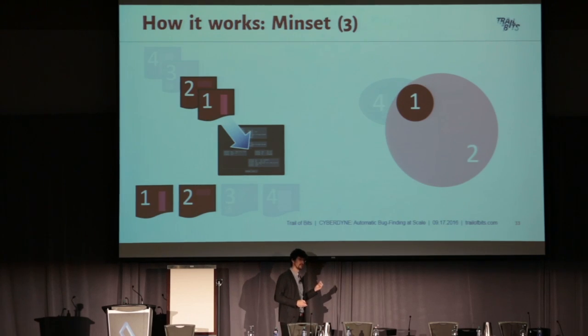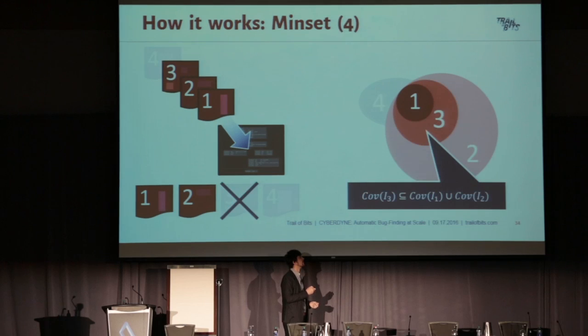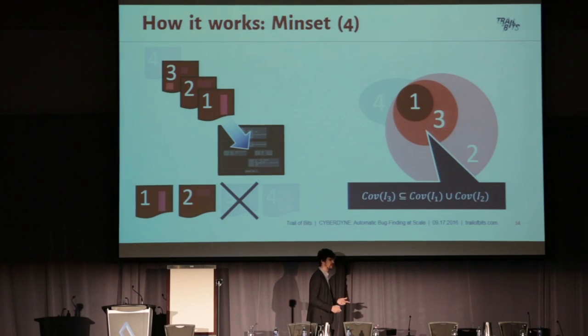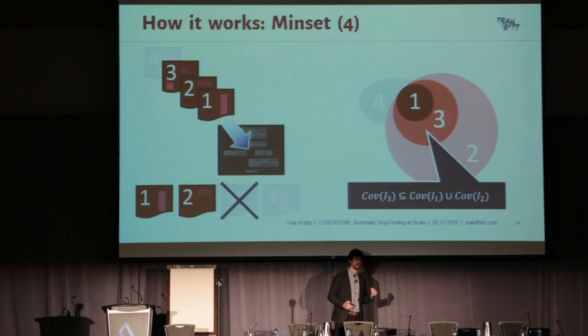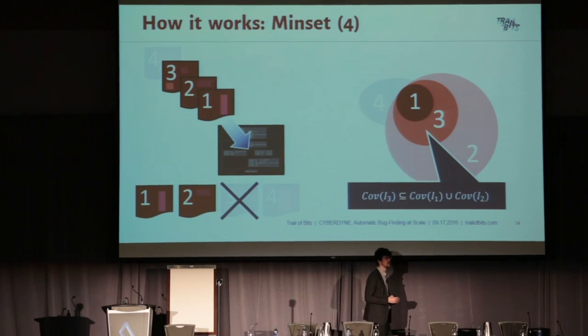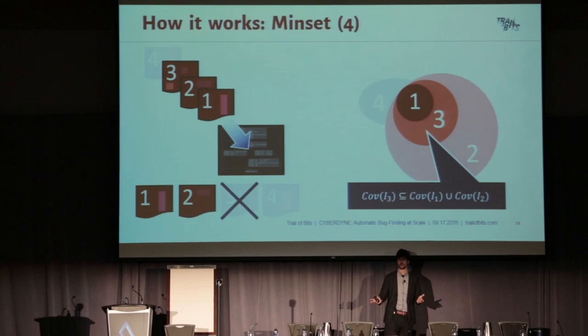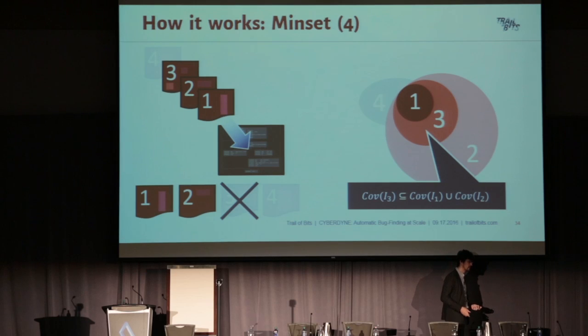And so we add it to the Minset. The third input, we run it, and it got more coverage than the first, but the total code coverage that we measured for the third input is subsumed by the first and the second inputs. And so we're actually going to kick that out of the Minset. We're just not going to include it.